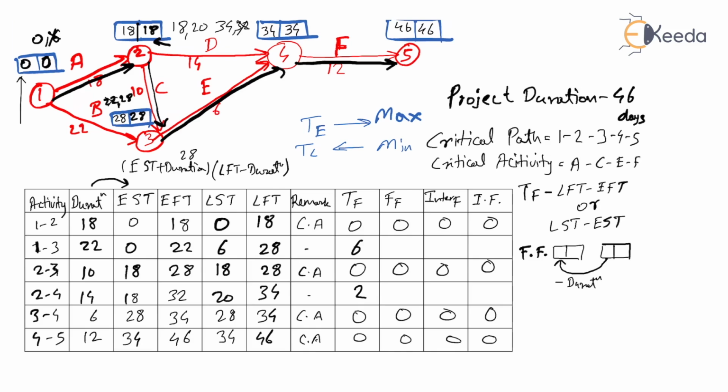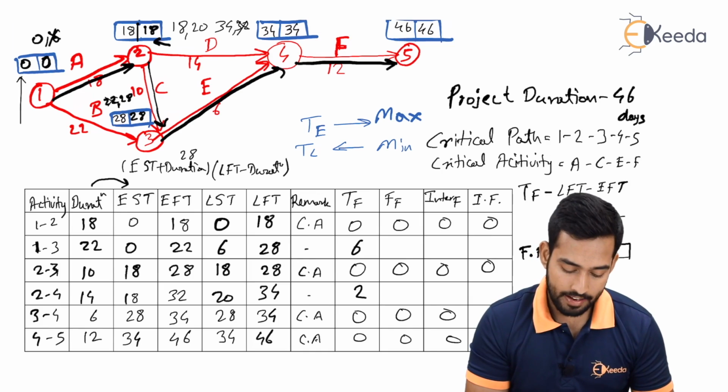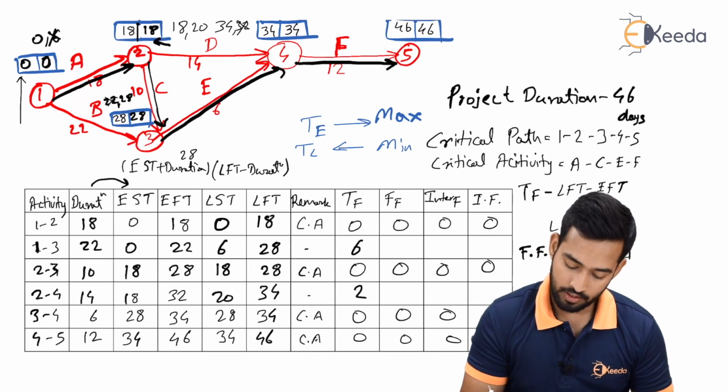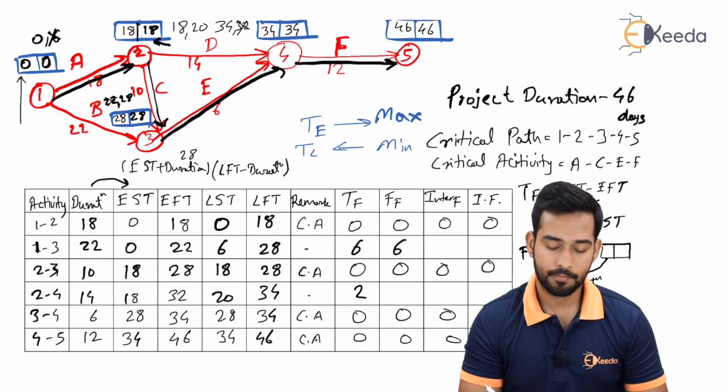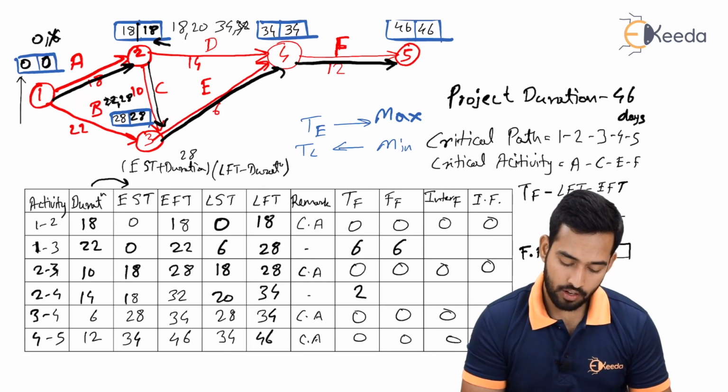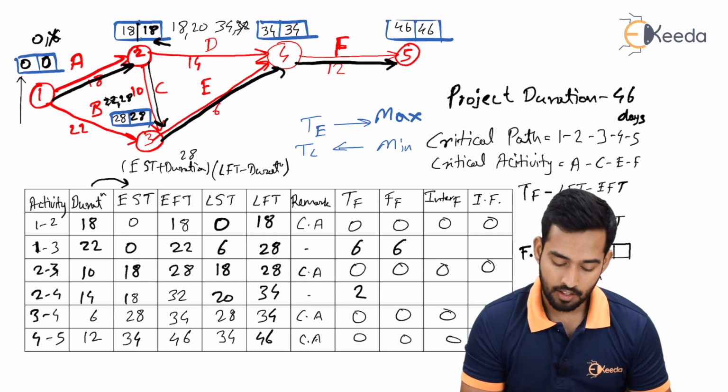For example, we'll see over here first and third. Now concentrate on first and third node only. So T is 28. 28 minus 0, that is 28, minus the duration, that is 22, will give free float equal to 6. Then for your 2 and 4, concentrate on second and fourth node.